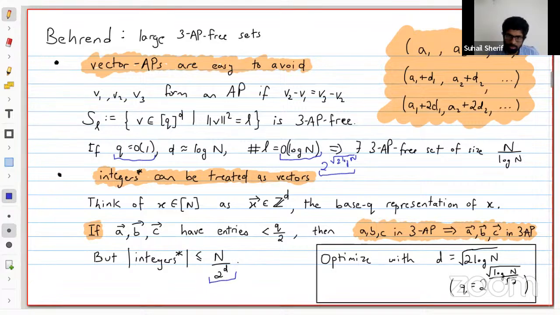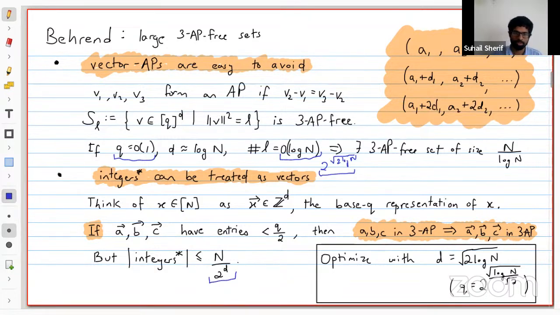I'll just repeat this once more just to make sure we know what's happening. We're taking only those integers which have small entries in their base Q representation. We're looking at those vectors of base Q representations, and then we're looking at only those vectors of a specific length L. And since there are no three arithmetic progressions in those vectors, we know that there's no three arithmetic progression in the integers from which those came.